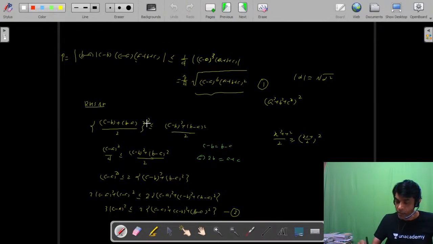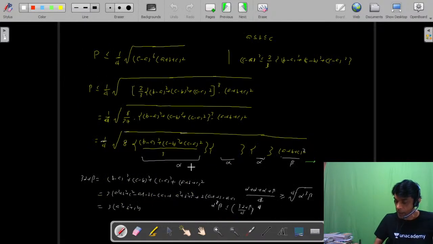And the last thing was that this was not so symmetric. So still you try to involve all of C minus B, A minus B, B minus A. After involving these, you write 3 times this one, root A squared B squared C squared. And the effect is that 3 alpha plus beta comes out to a very nice number: 3 times A squared plus B squared plus C squared.